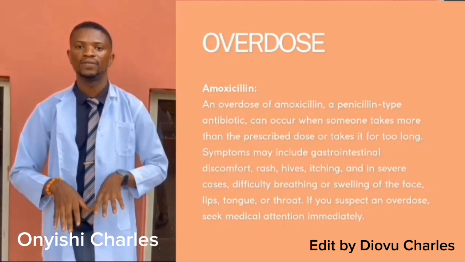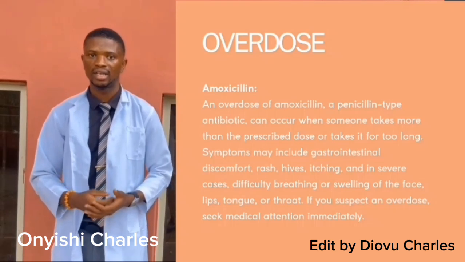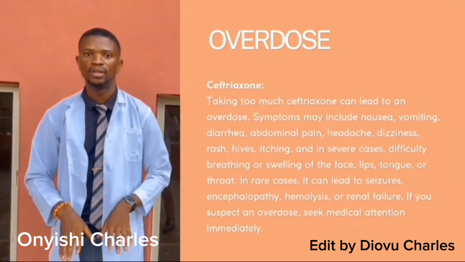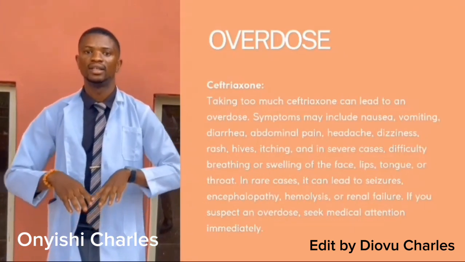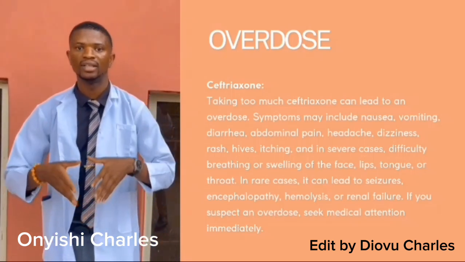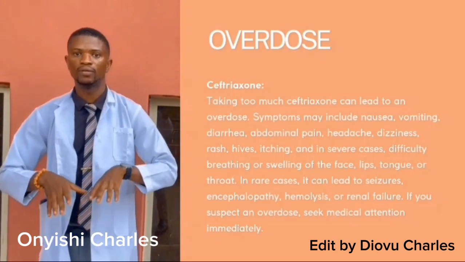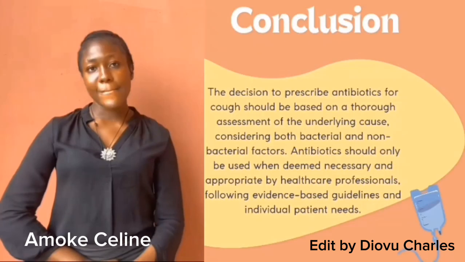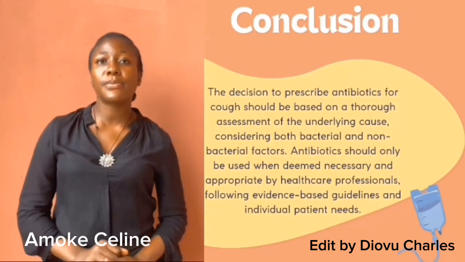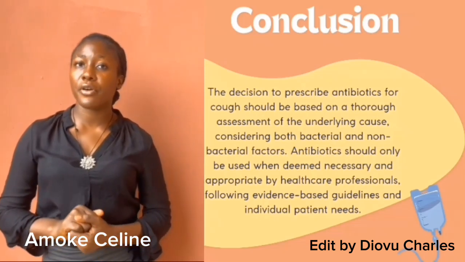The common side effects of this antibiotic overdose are vomiting, nausea, and diarrhea. The next point is resistance. Misuse and overuse of these antibiotics can lead to antibiotic resistance, which will make it harder for future infections to be treated. In conclusion, the antibiotics discussed by my team and I are very crucial in the treatment of bacterial cough.